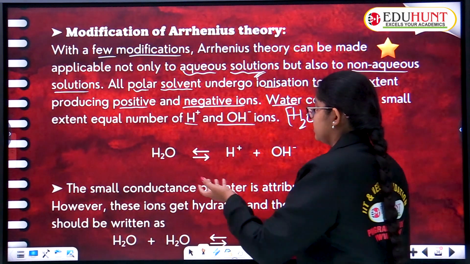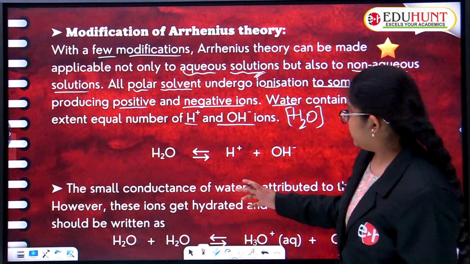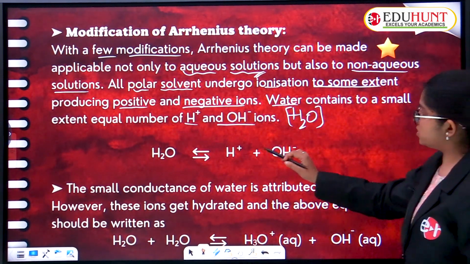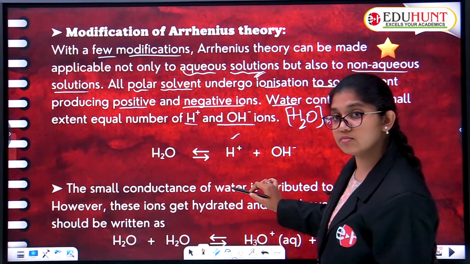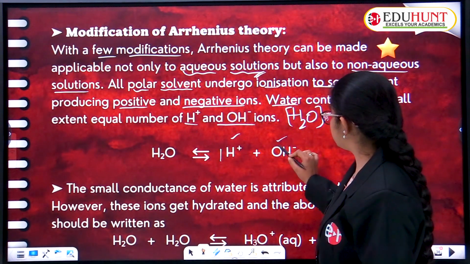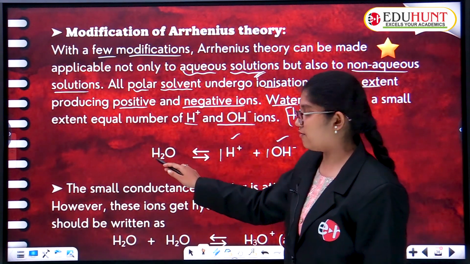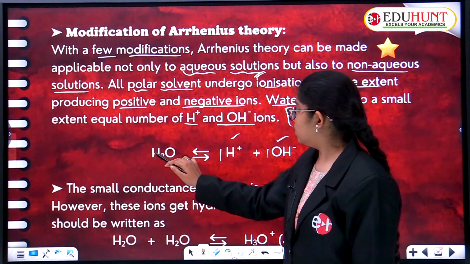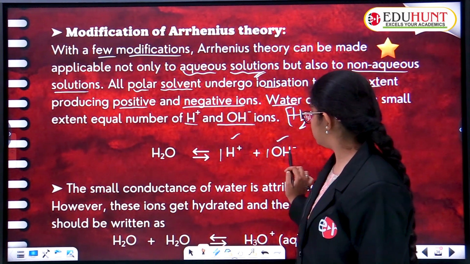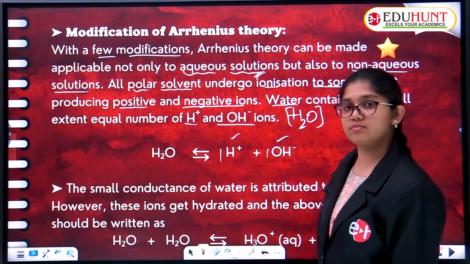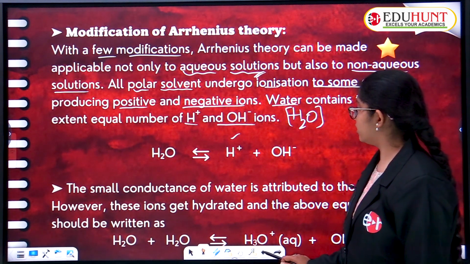Here it is given like this, reversed. So water contains to a small extent an equal number of H plus, 1, and OH minus, 1, because it has only one molecule of H2O. 2 H's are there, and O, 1. It is represented like that.